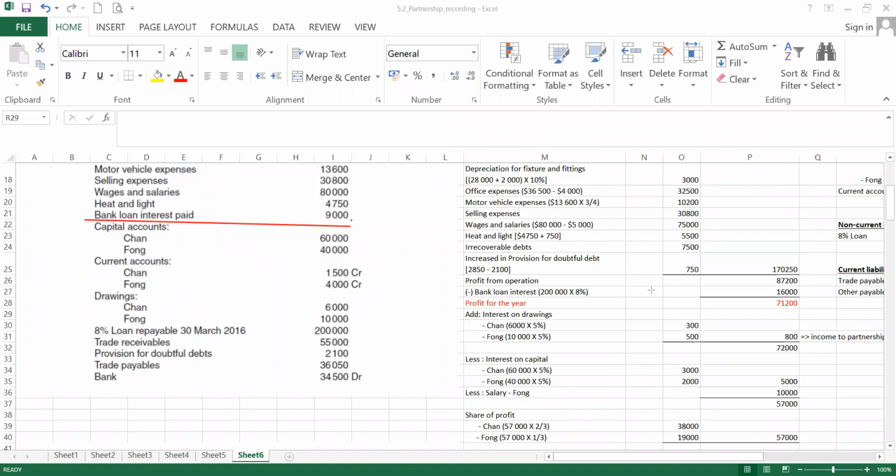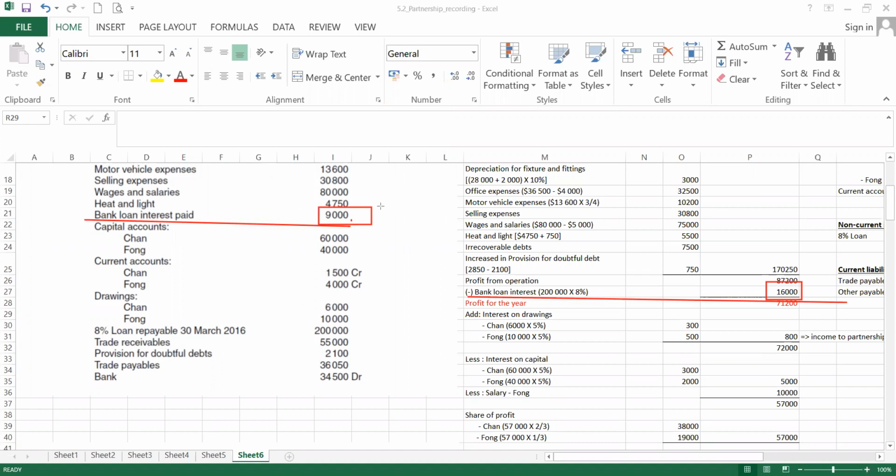But in our income statement, we calculated 16,000. 16,000 compared to the 9,000 paid, we still have a balance of 7,000 unpaid.